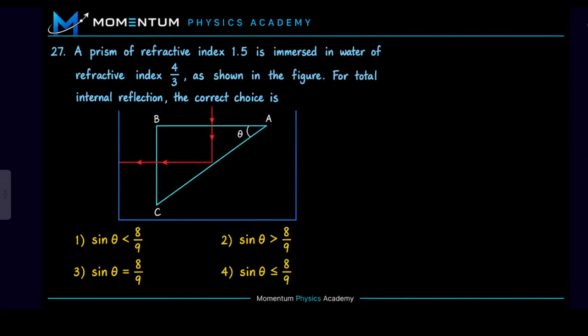A glass slab of refractive index 1.5 is immersed in water of refractive index 4/3. For total internal reflection, the correct choice is, that means TIR has to happen.